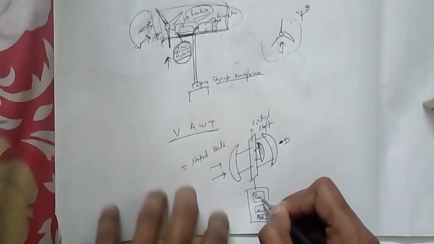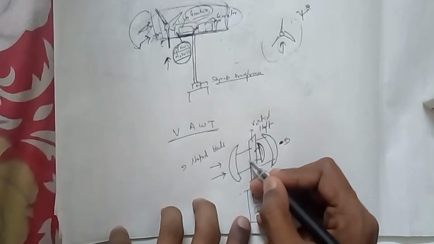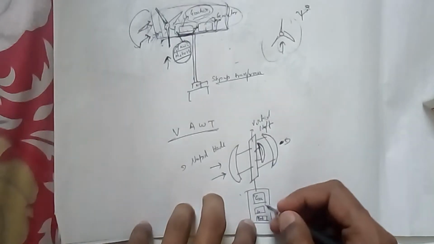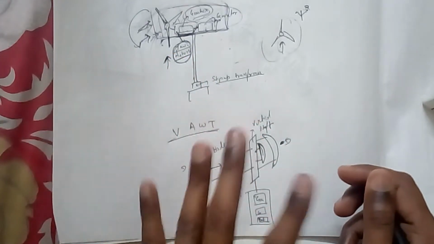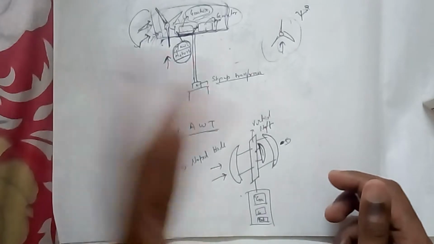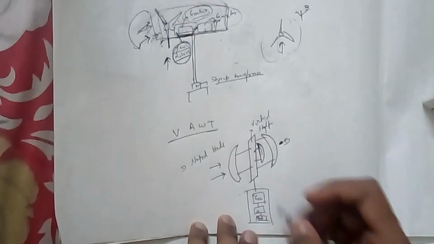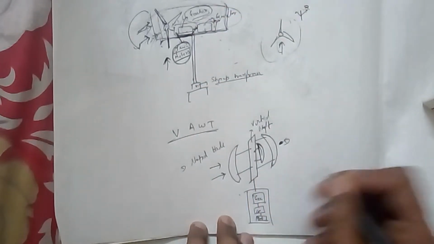There is a gearbox which does the same exact thing as it did here. It gives the vertical shaft the maximum speed so that it can produce the maximum amount of energy needed for the conversion of wind energy to electrical energy. So the gearbox maximizes the speed. Then there is a generator. It generates electricity and then stores it in the battery.